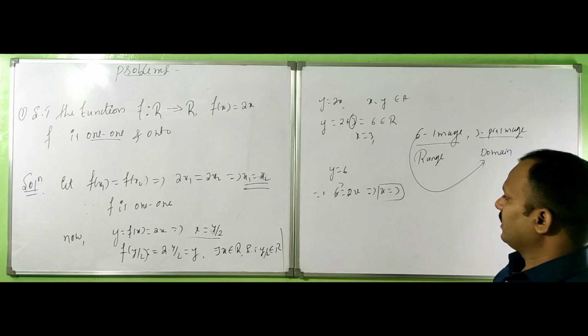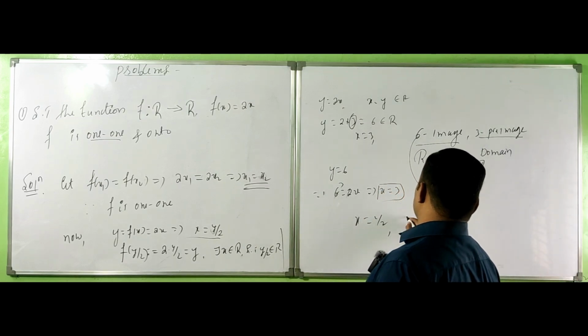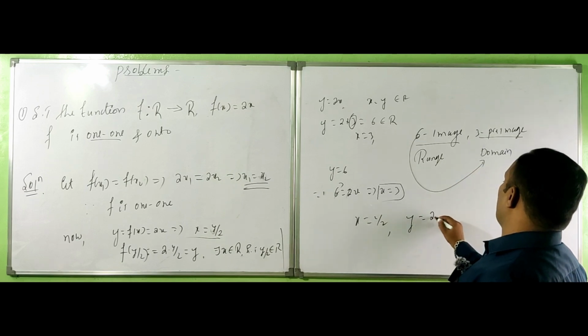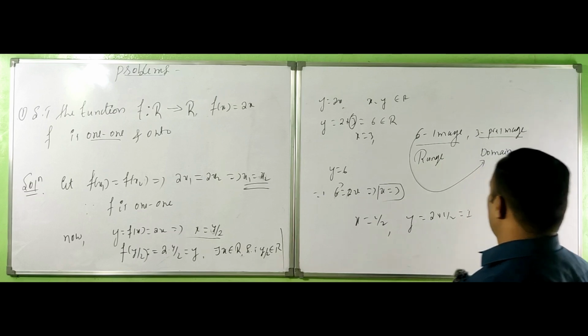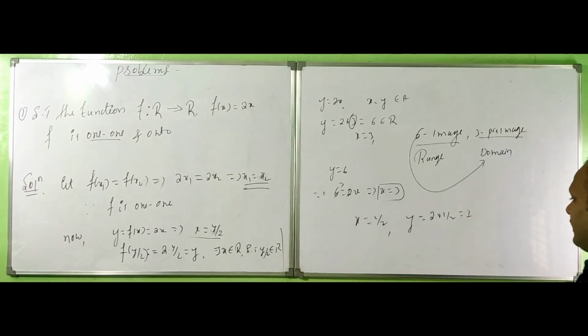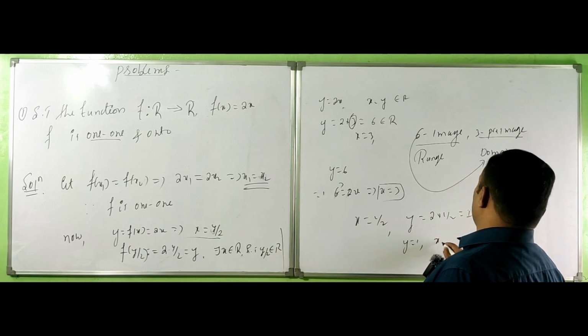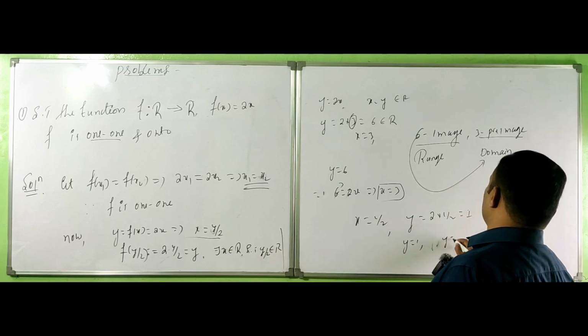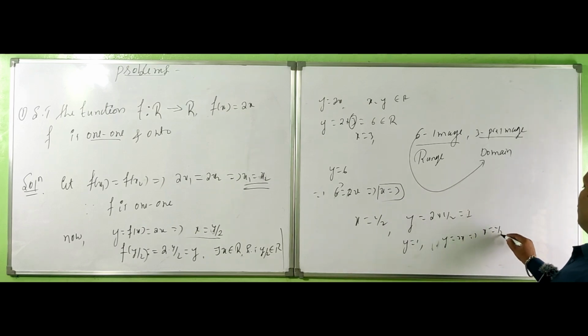Take again x is equal to 1 by 2. Then y becomes 2 into 1 by 2, which is 1. So again 1 belongs to R. Again take y is 1 here. y equal to 1 and again y equal to 2x. This implies that x becomes 1 by 2.